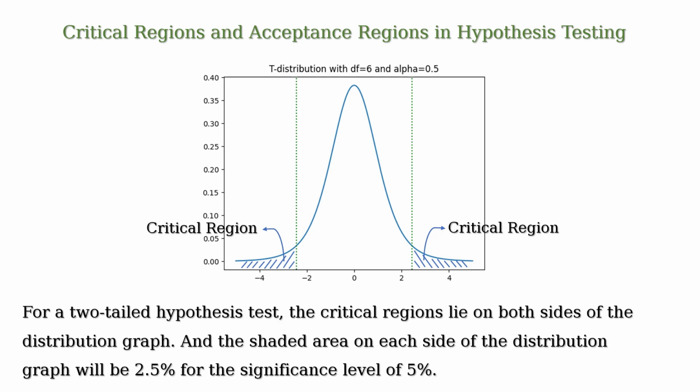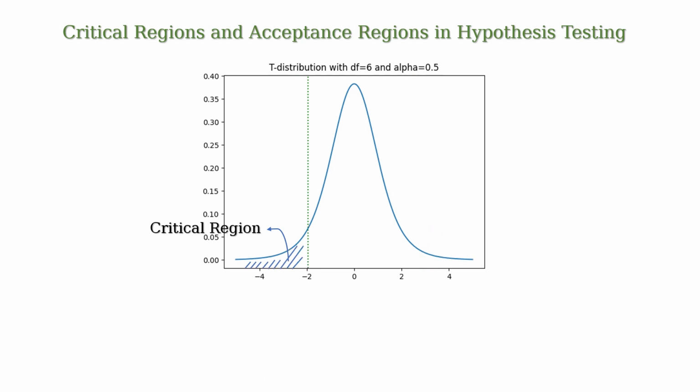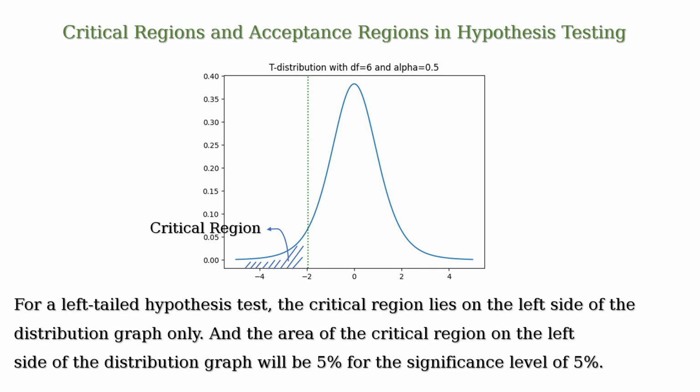Please note that for a two-tailed hypothesis test, the critical regions lie on both sides of the distribution graph, and the shaded area on each side of the distribution graph will be 2.5% for the significance level of 5%. For a left-tailed hypothesis test, the critical region lies on the left side of the distribution graph, and if the significance level is 5%, then the area of the critical region on the left side will be 5%.